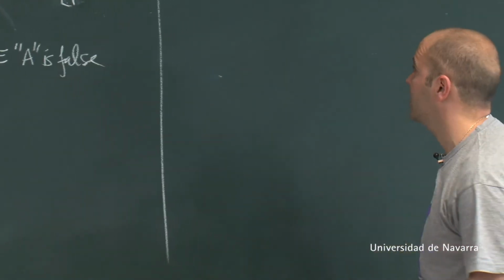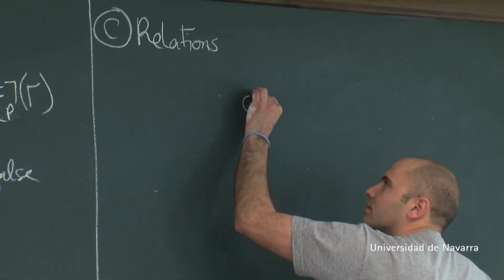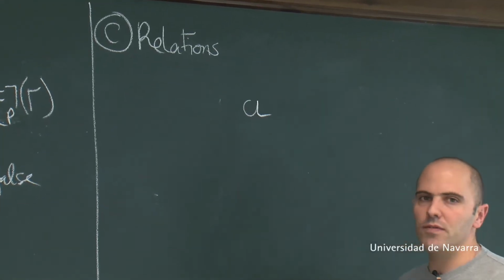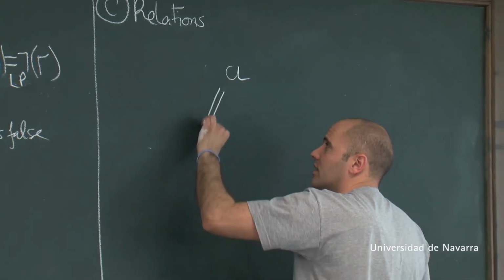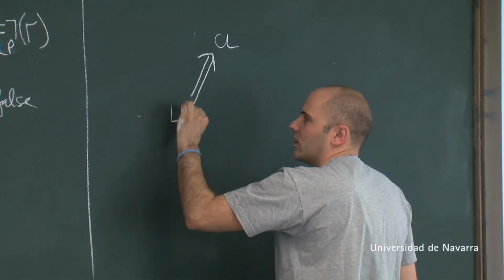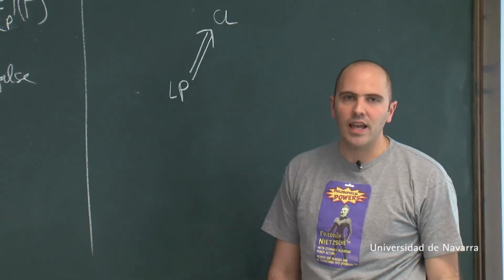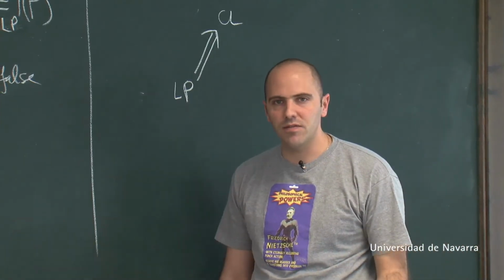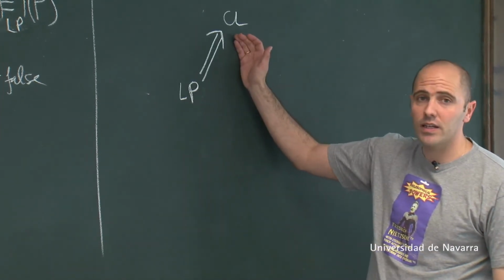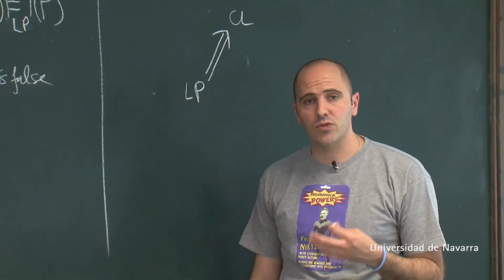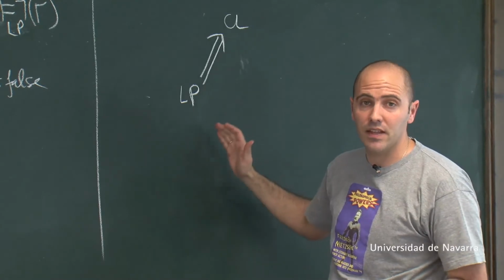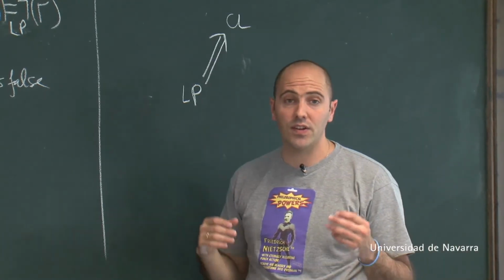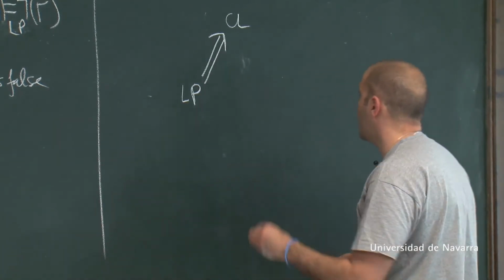So let's do it. Okay, so we've got classical logic. We know that any LP valid inference is classically valid, right? And our first question is whether it is also the case that every classically valid inference is LP valid. And the answer is no. Why?